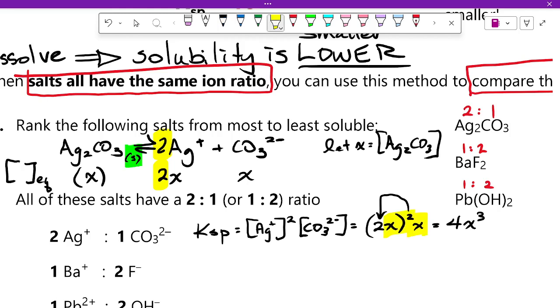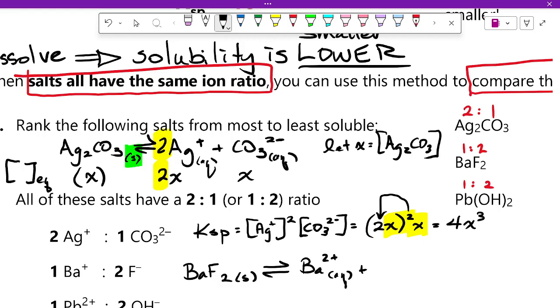Now, let's do the same thing for barium fluoride. So let's take our barium fluoride, BaF2 solid, in equilibrium with Ba2 plus aqueous plus, I keep forgetting my states, I've been doing acid-base for too long, there we go, that's better, 2F minus aqueous.